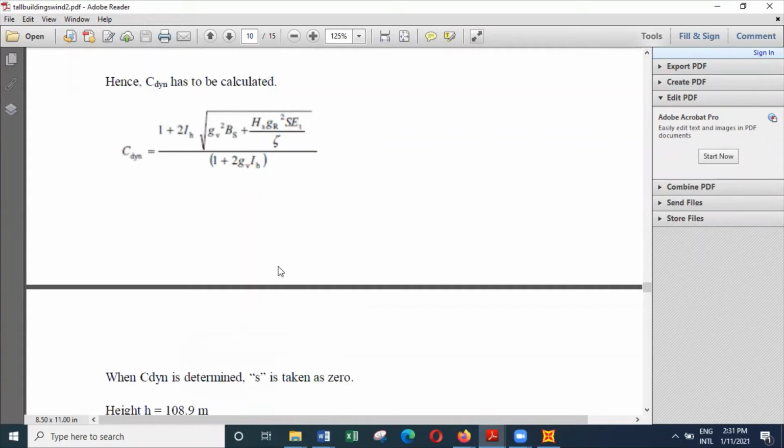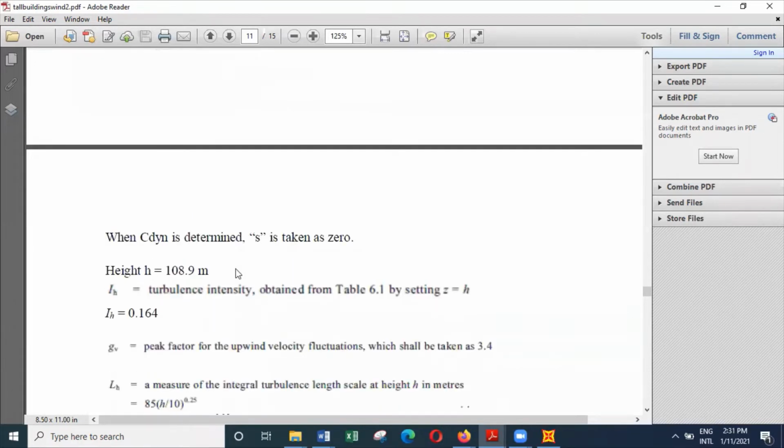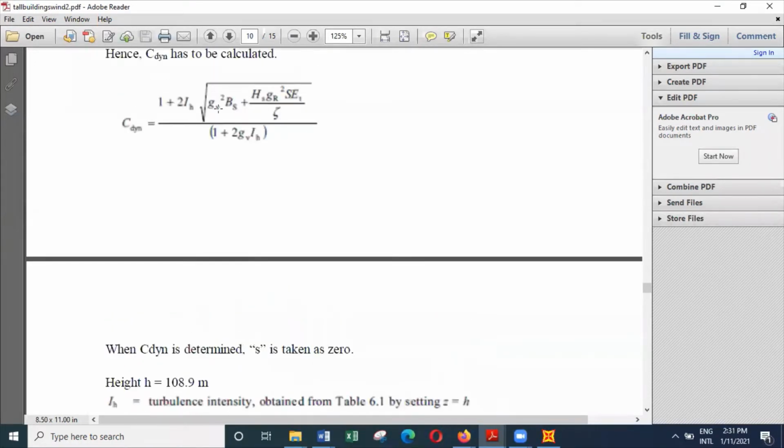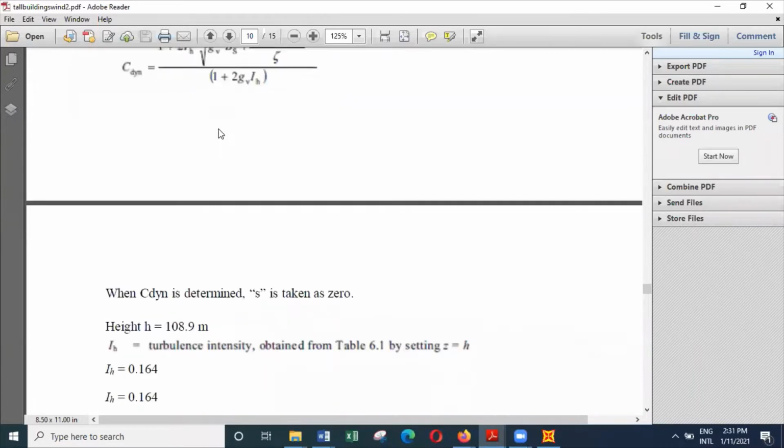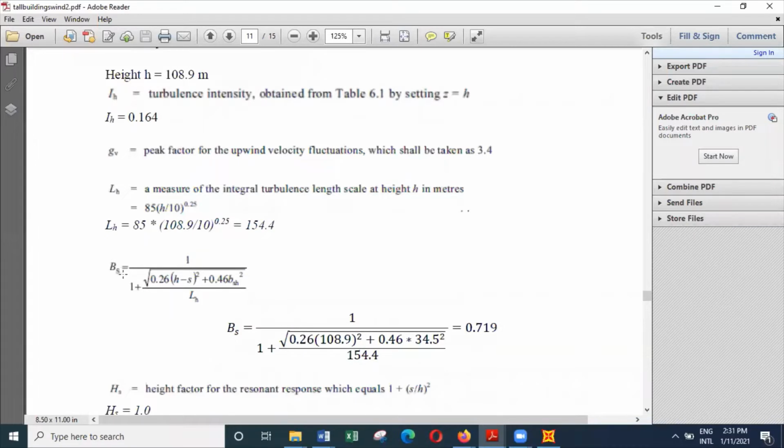So here you can see C dynamic is a function of turbulence intensity, and also a function of GV, and then BS, the background factor.